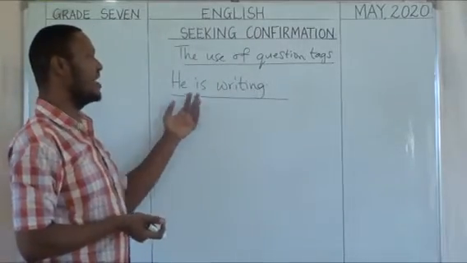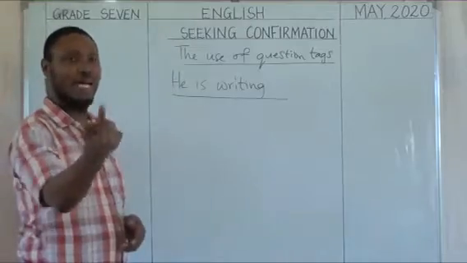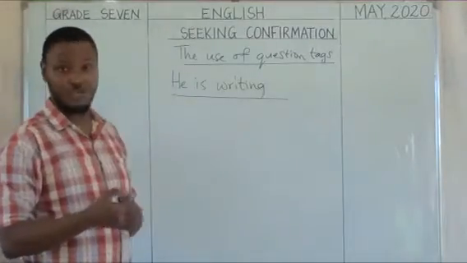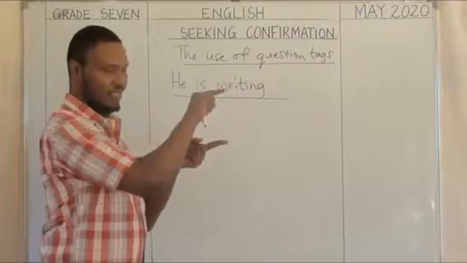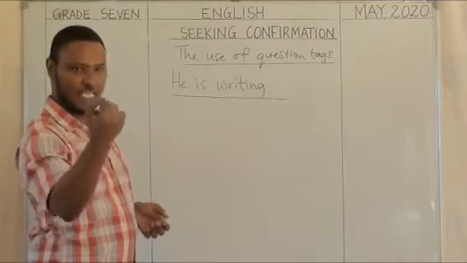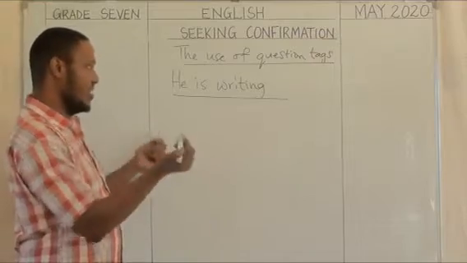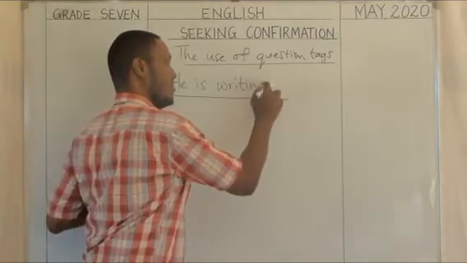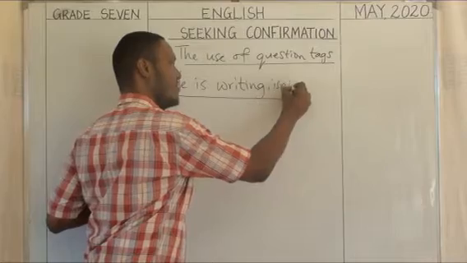For example, if you tell someone he is writing, you don't expect an answer from that person because you're not asking a question. But there's a way you can say this and elicit a response from someone. So you can say, he is writing, isn't he?